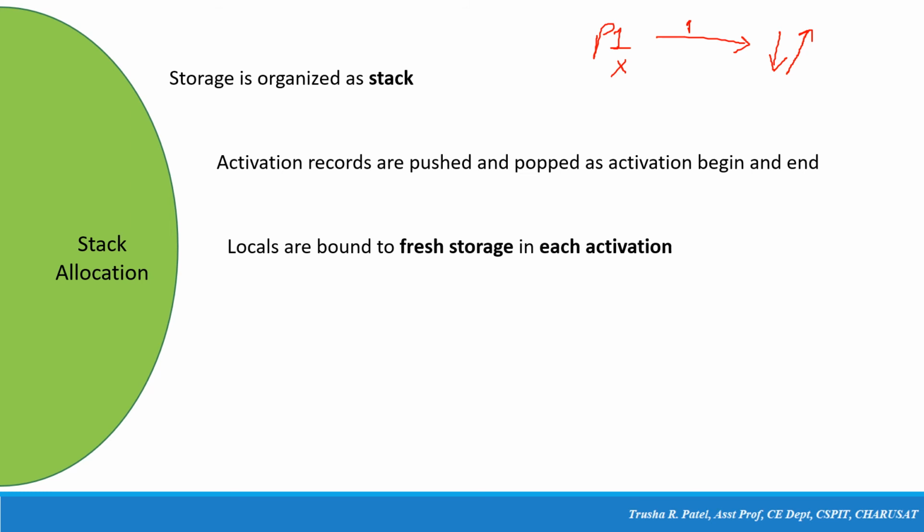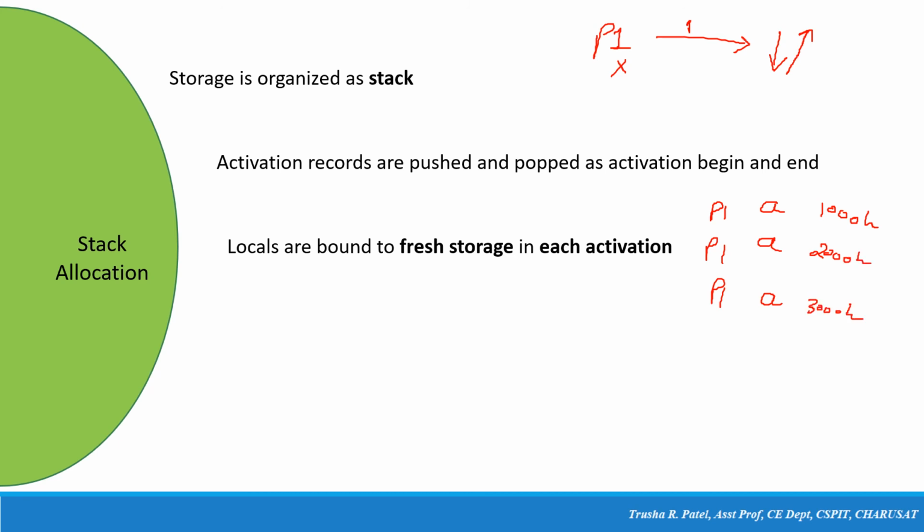Now the locals are bound to fresh storage for each activation. So if I have 3 calls of P1, all 3 times the variable A may get a different memory location, right?